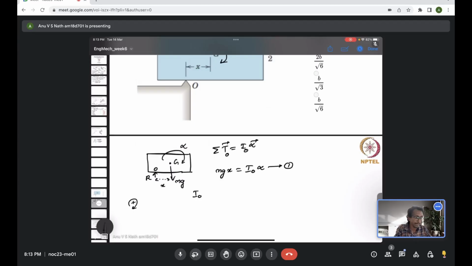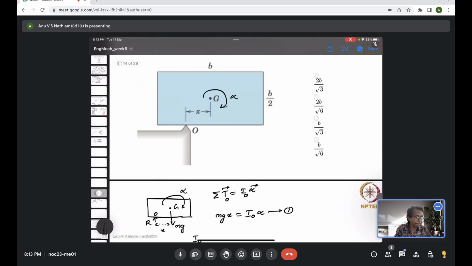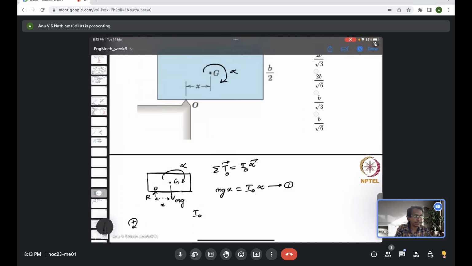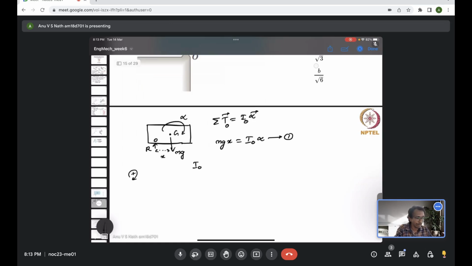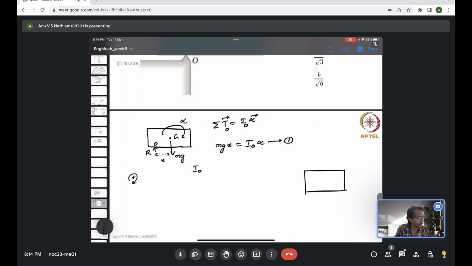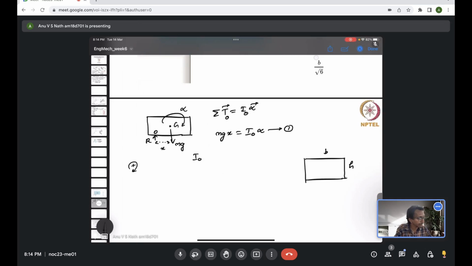This is a rectangular block. Usually they should give the moment of inertia, but for rectangular blocks we can evaluate it easily. I don't know whether you are aware of this. If you have a rectangular block of breadth b and height h, the center of mass will be at location b by 2 and h by 2, right?